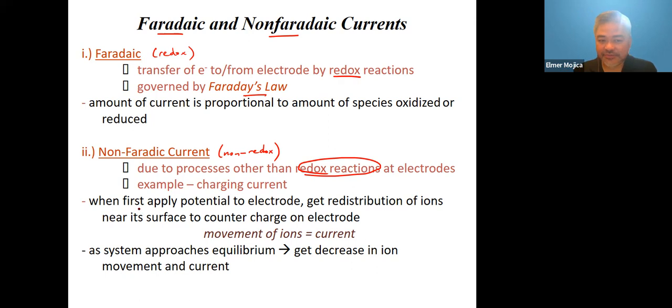So when potential is first applied to the electrode, there is a redistribution of ions near its surface to counter the charge on the electrons. So the movement of ions results in current. And as the system approaches equilibrium, what happened? Okay, there is a decrease in ion movement and current. So yan yung mga nangyayari doon sa electrode surface.